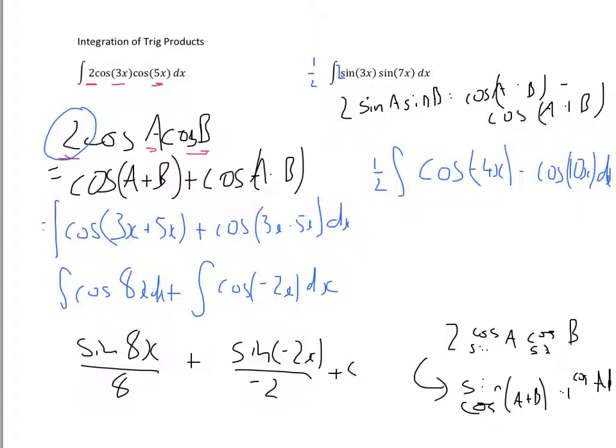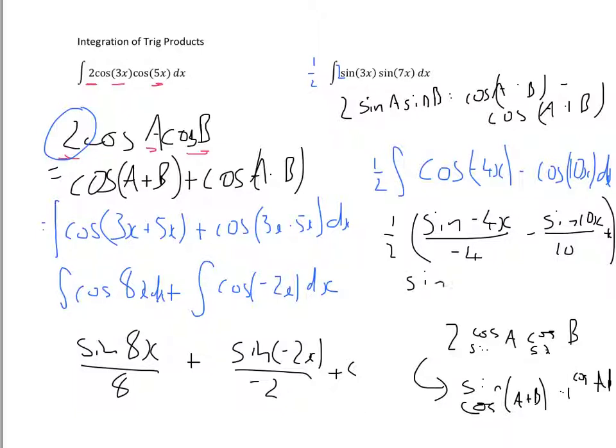dx. We integrate, we're going to get sine minus 4x over minus 4 minus sine 10x over 10 plus c, and that all is getting multiplied by a half, and then you're welcome to expand that half through.